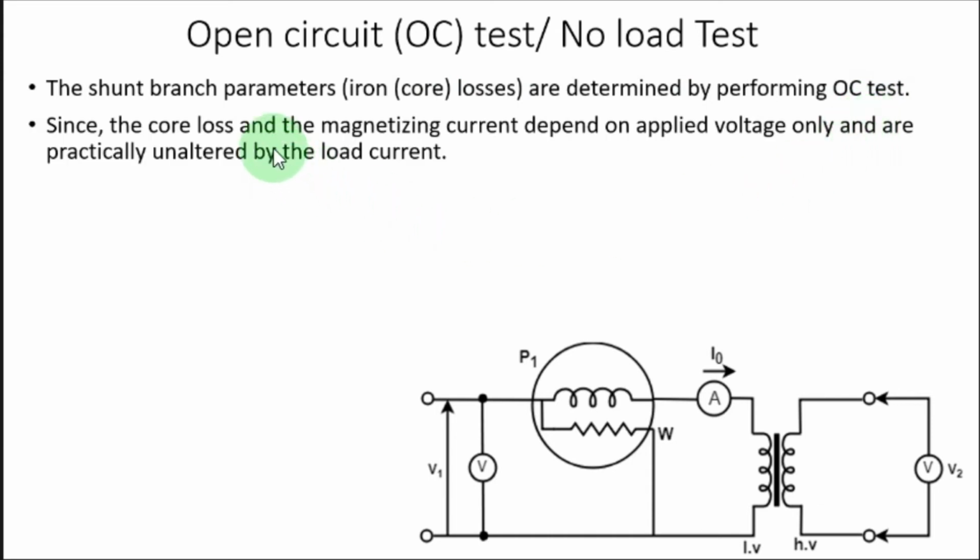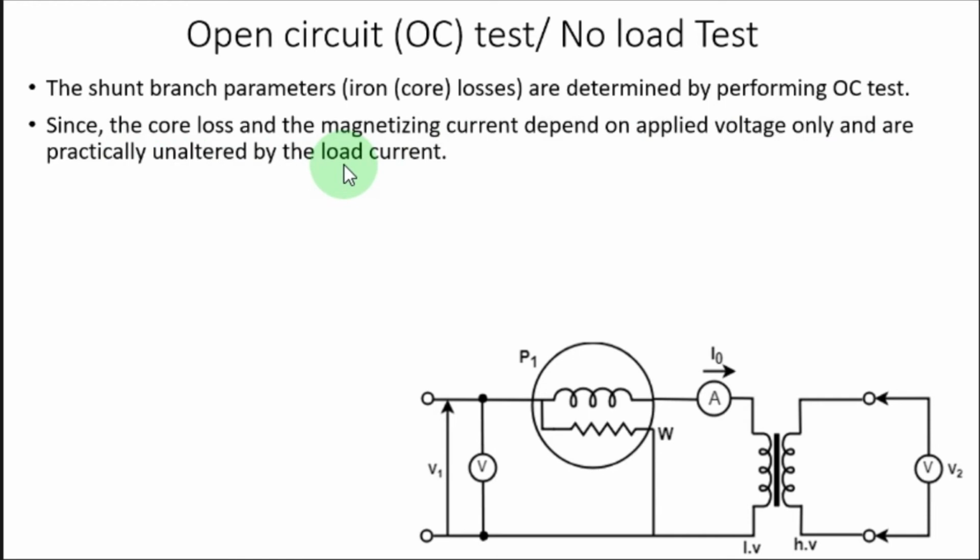Since the core loss and the magnetizing current depend on the applied voltage only, right? The core loss is mainly decided by the applied voltage, and the magnetizing current is mainly decided by the applied voltage only, right? Not by the current, and practically unaltered by the load current.